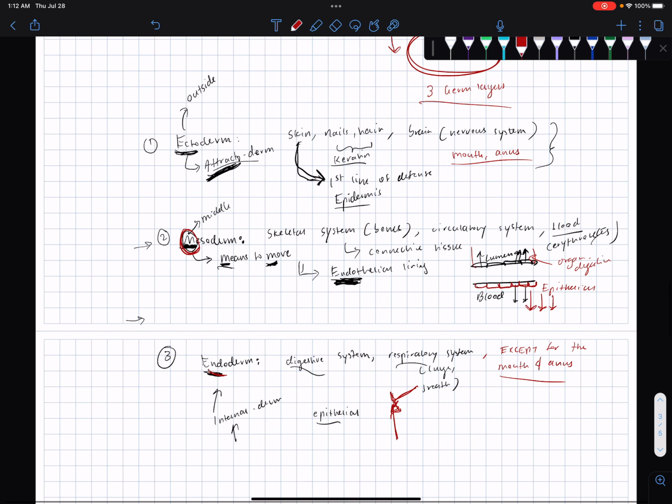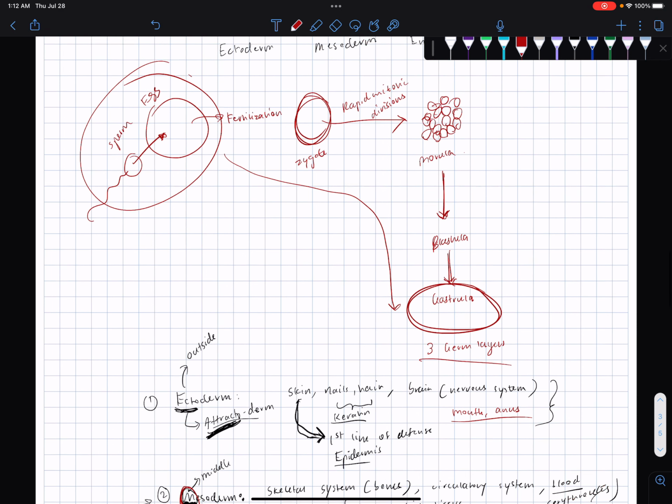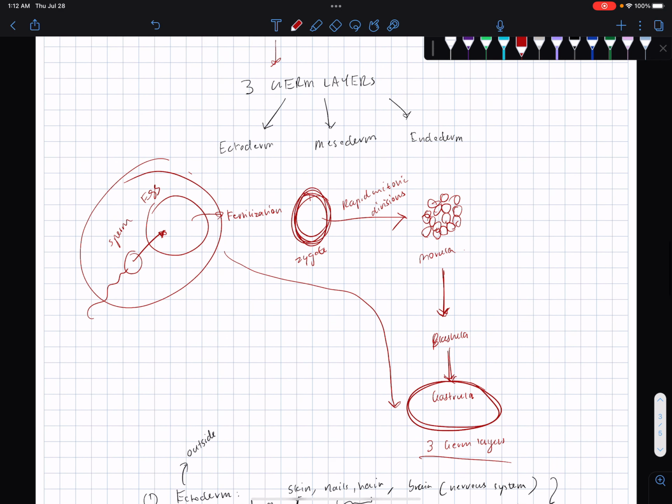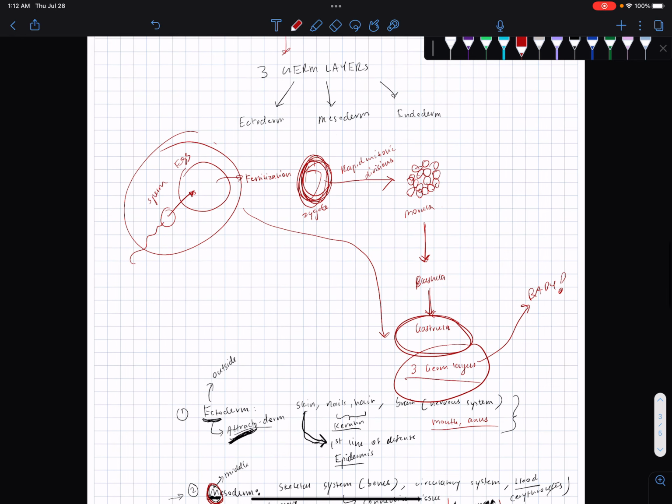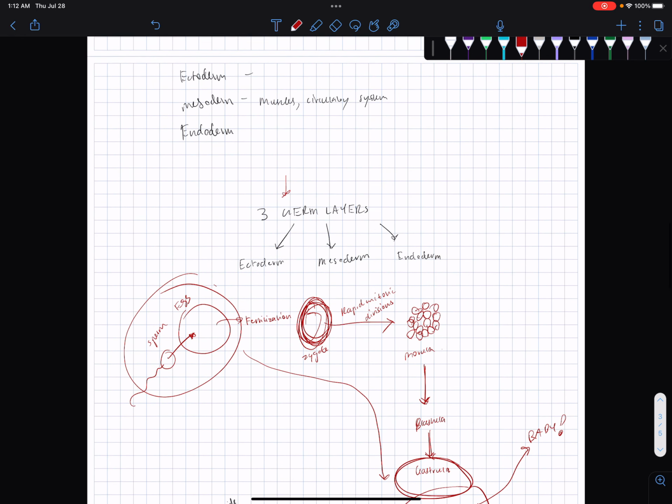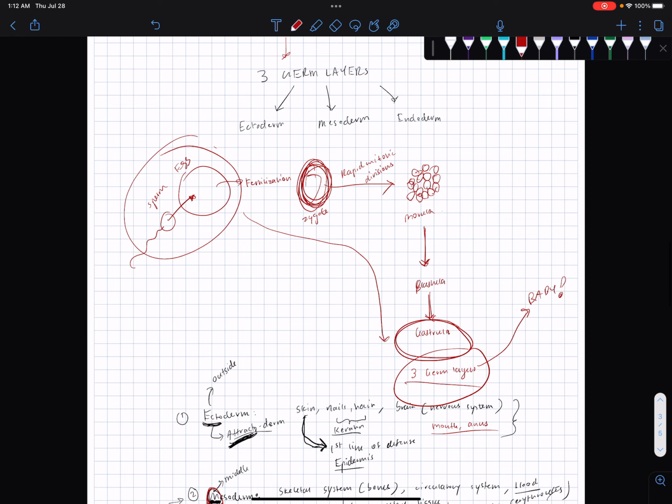So these are the different germ layers, the ectoderm, mesoderm, and endoderm. And this is what allows our little zygote over here to then finally develop these 3 germ layers to become an actual human being. So I hope that was helpful, and I hope to see you in the next video.